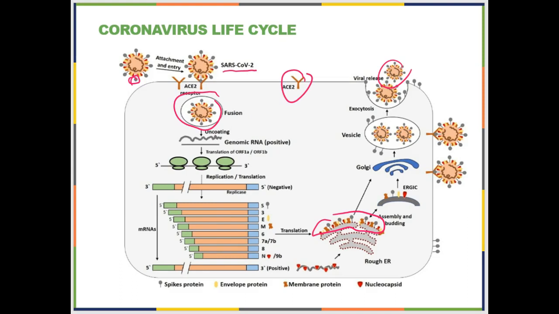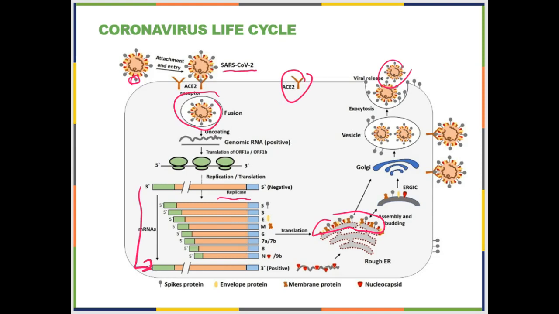One of the proteins encoded in the original viral genome is an enzyme called replicase. What that enzyme does is make copies of the original RNA genome.